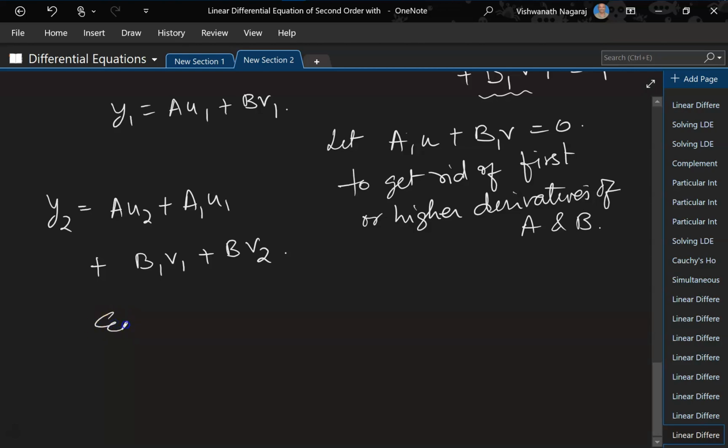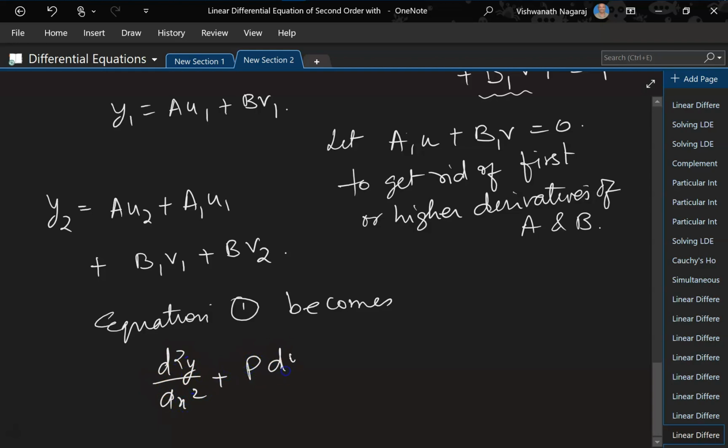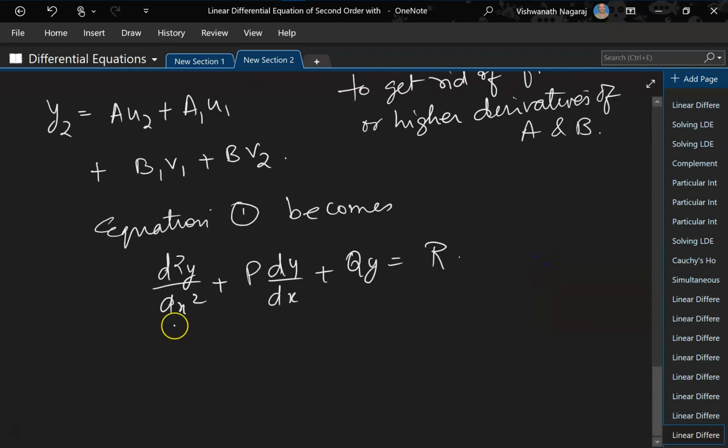So our equation 1 becomes, remember our equation is d2y by dx square plus p dy by dx plus qy is equal to r. Now d2y by dx square is this one, au2 plus a1 u1 plus b1 v1 plus bv2.